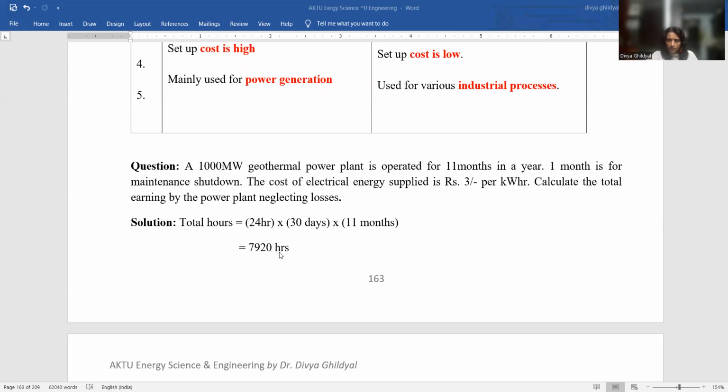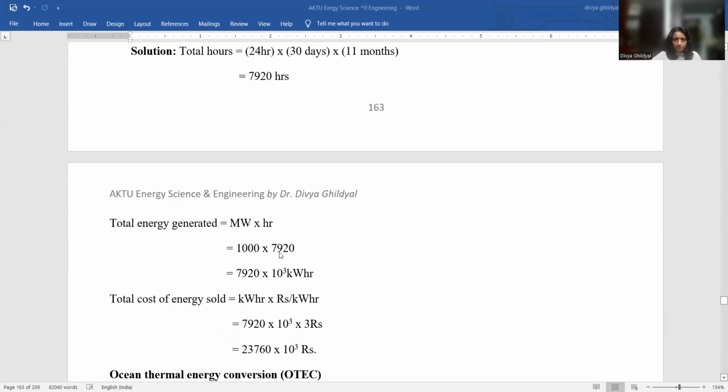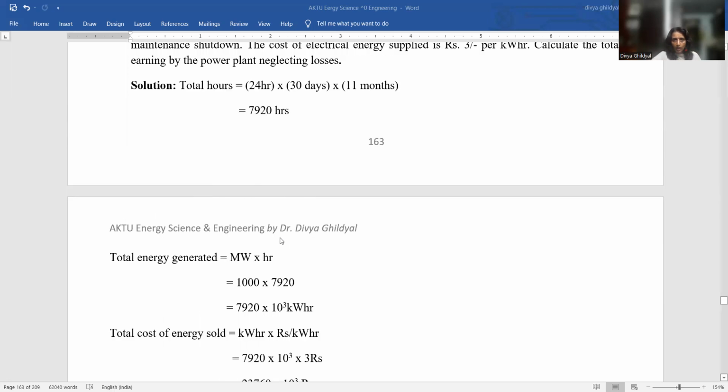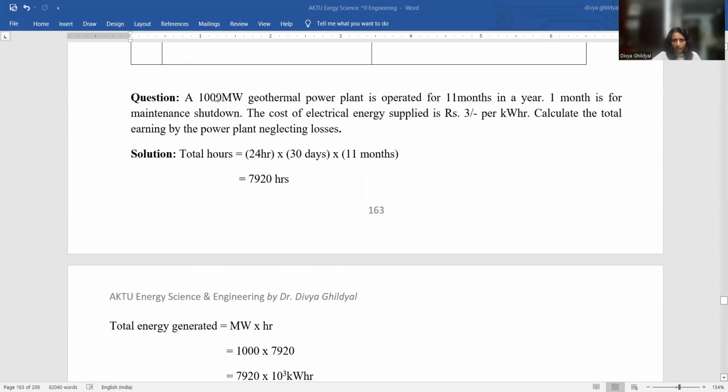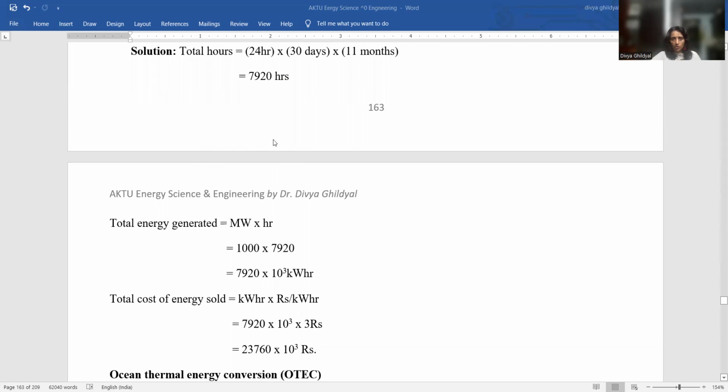The cost of electricity supplied is ₹3 per kilowatt hour. Calculate the total earnings. Total energy generated, megawatt into hour. How much have I been given? 1000 megawatt into how many hours? 7920 hours.